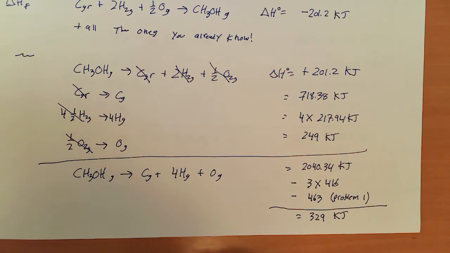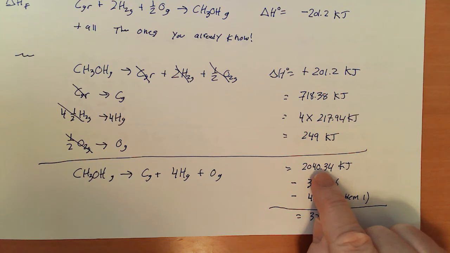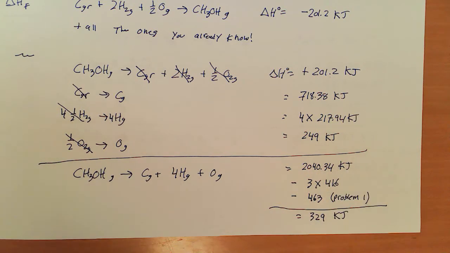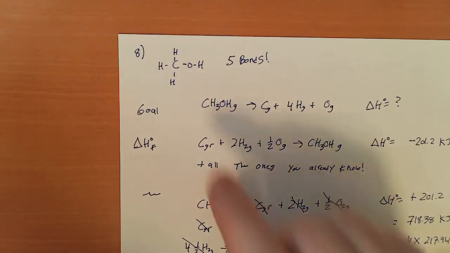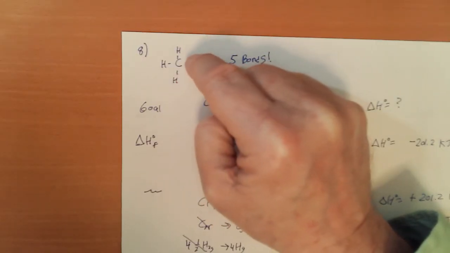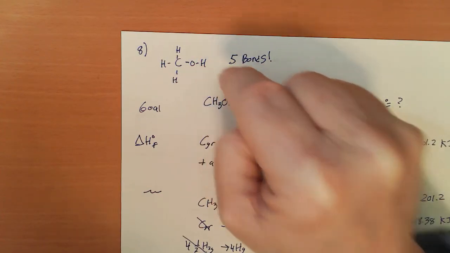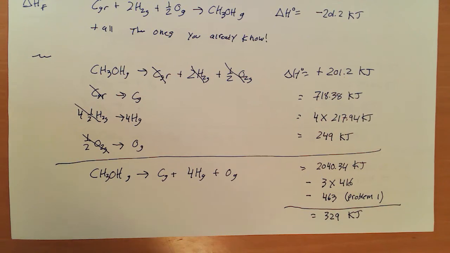And over here, delta H naught kaboom, one times 463. Here are the 3 bonds, that's 3 times 416, and then the oxygen to hydrogen that's over there, and I actually got that number from problem number 1 on this homework.